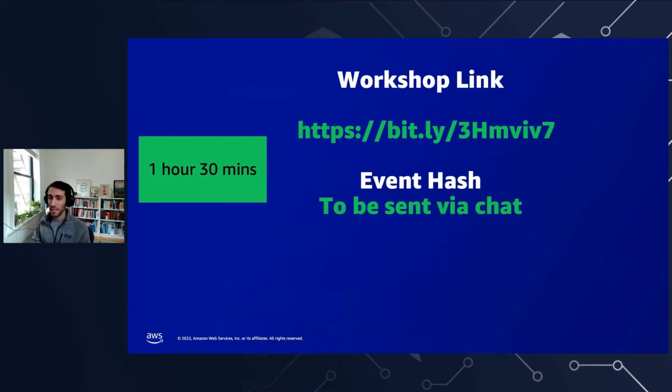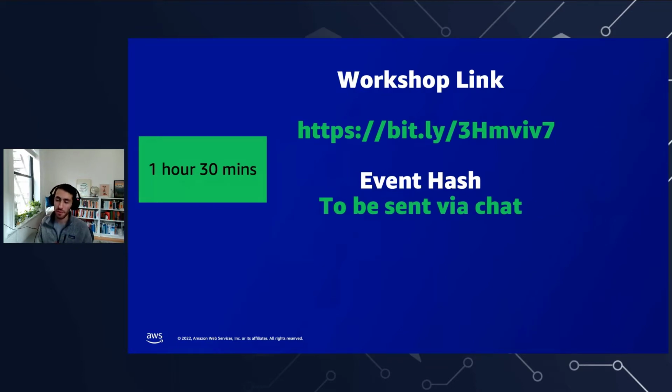With that, I want everyone to jump into the workshop. And so what we're going to do here is if you can navigate to the link, we'll provide it within the chat as well, so you can just click on it, or you can use this URL. And we'll also provide you an event hash code that will give you a temporary AWS account that you should use for this workshop.